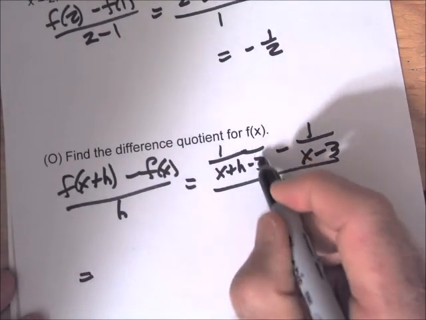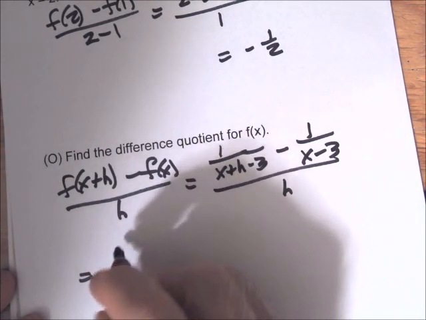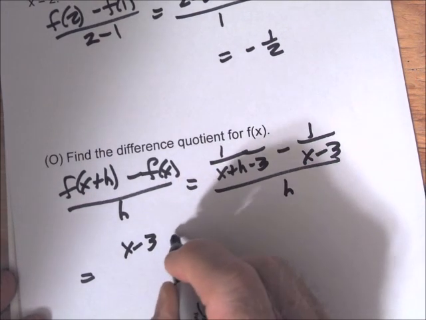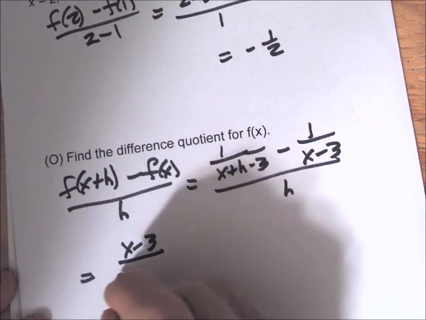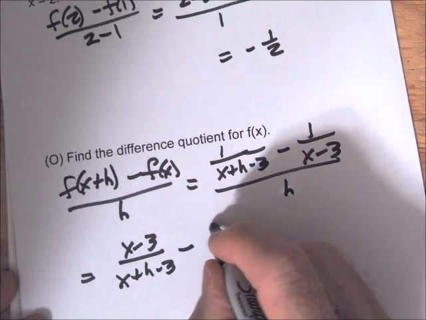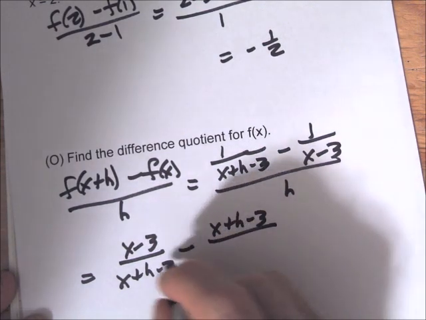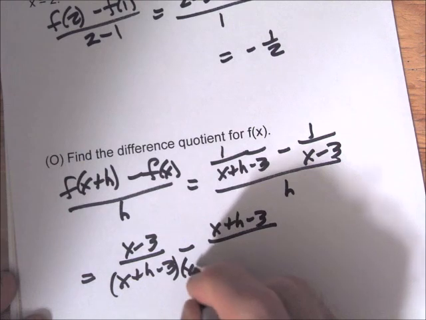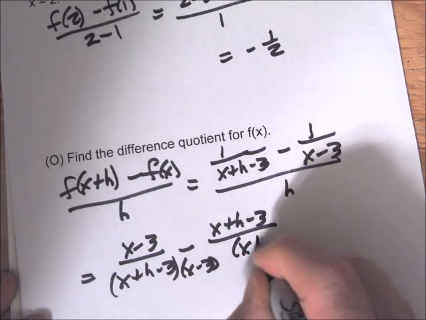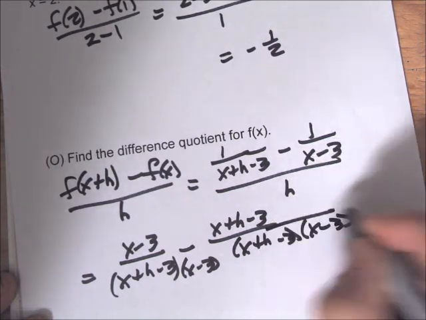Multiply top and bottom of each fraction by the denominator of the other fraction. So we'll have x minus 3 over x plus h minus 3 times x minus 3, minus x plus h minus 3 over x plus h minus 3 times x minus 3. I left that off. That gives us a common denominator.